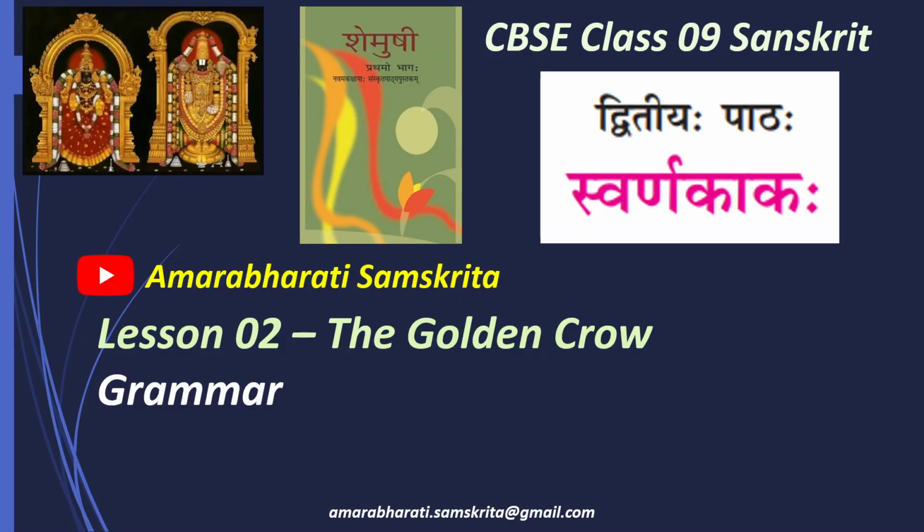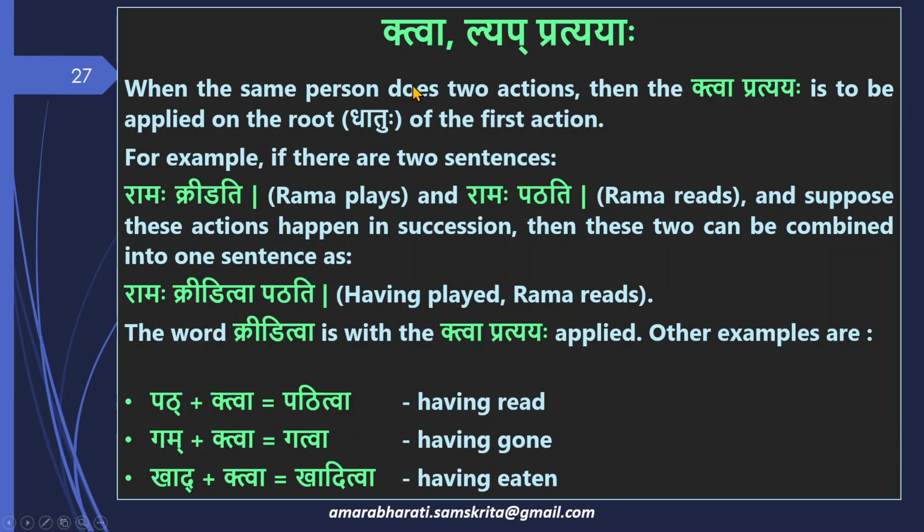Now we go to the grammar part of this particular lesson, Swarna Kakah, the golden crow. There is a small grammar portion in this particular lesson which we will see now. First, the tva and lyap pratyayas. When the same person does two actions, then the tva pratyaya is to be applied on the root or the dhatu of the first action. I will give you one example.